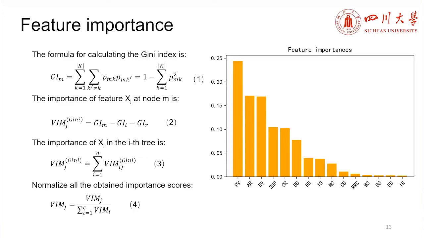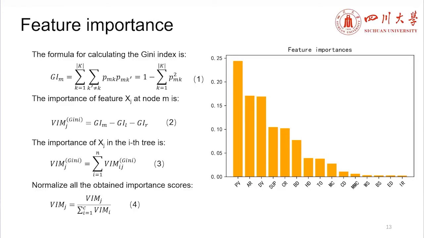The idea of using the random forest for feature importance evaluation is to observe the contribution of each feature on each tree in the random forest, and then take an average value, and finally compare these values. We use the method of evaluating with the Gini index here.